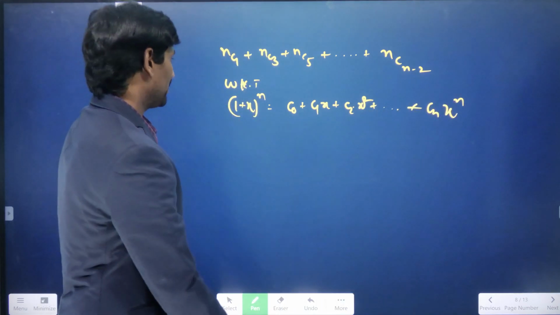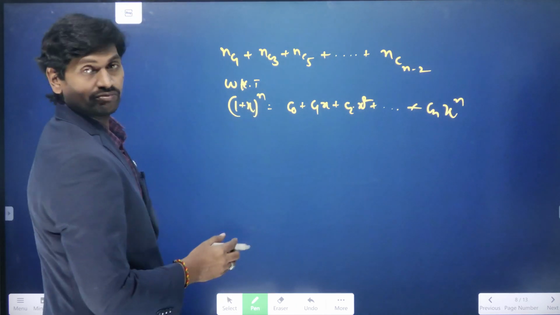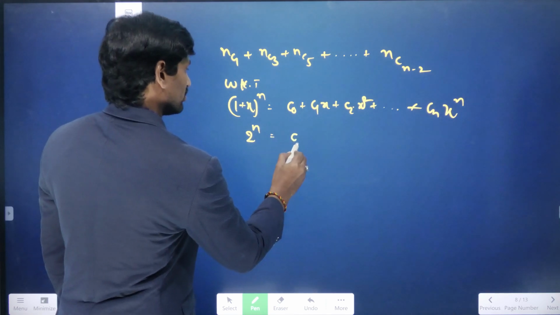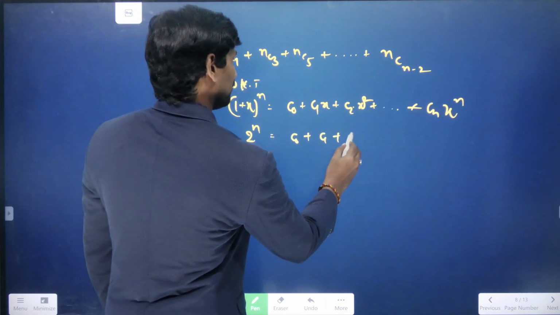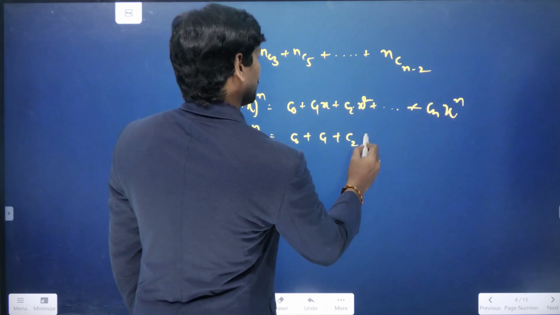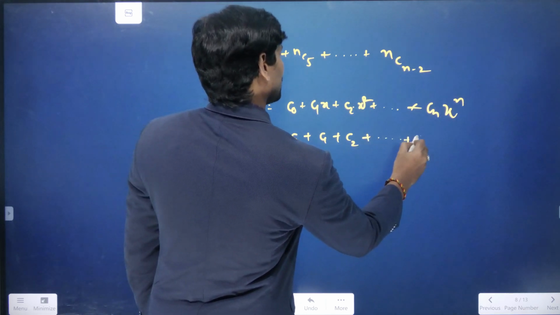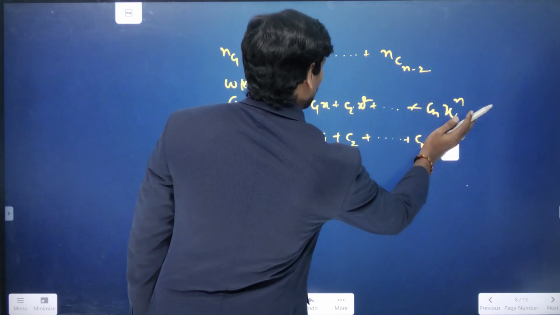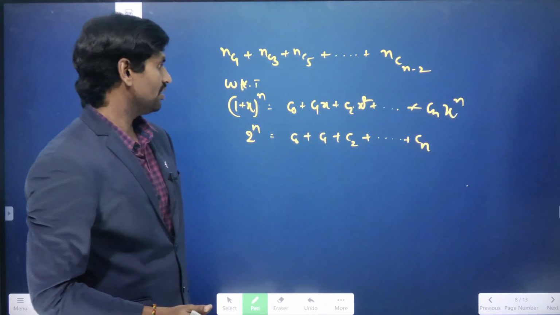Okay, so if in the place of x you write 1, it will be 1 plus 1, 2. 2 power n equals C0 plus C1 plus C2, 1 square means 1 only, plus and so on plus Cn equals 1.